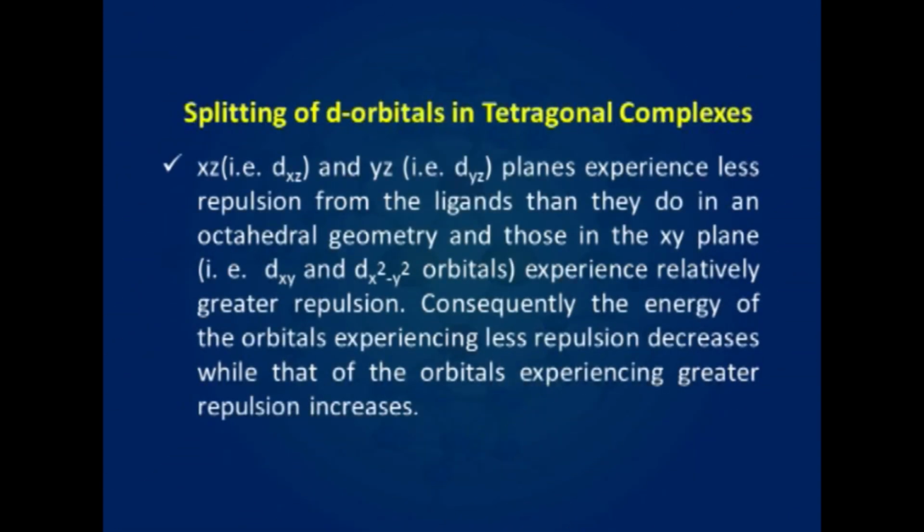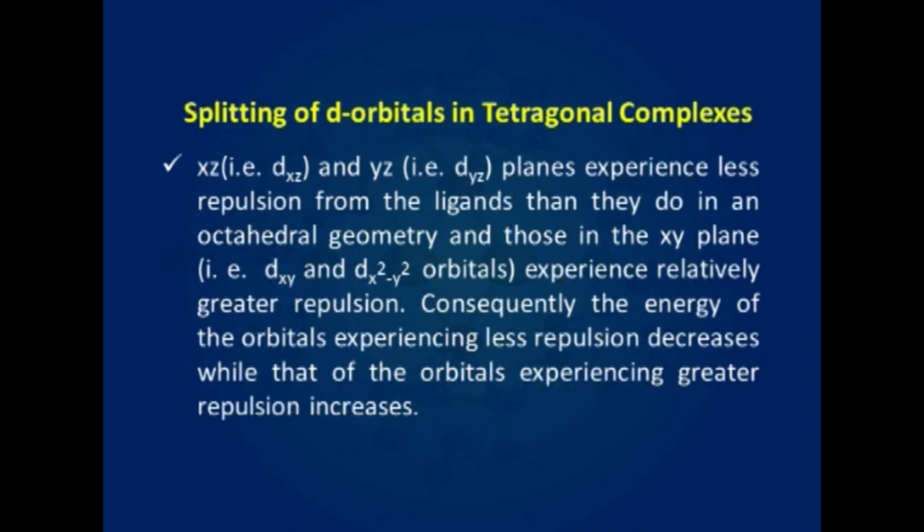The orbitals in the XZ plane, that is dxz, and the YZ plane, that is dyz, experience less repulsion from the ligands than they do in an octahedral geometry, and those in the xy plane, that is dxy and dx square minus y square orbitals, experience relatively greater repulsion.